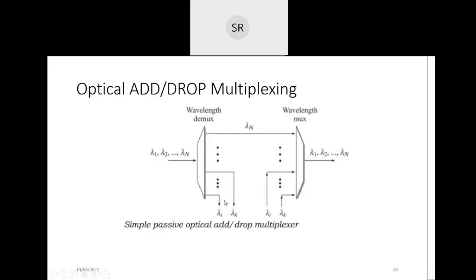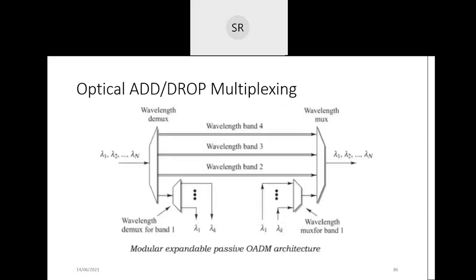In the given network, the adding and dropping is controlled by the network, and according to that, whichever specific wavelength is to be transmitted is transmitted through the network, and at some particular place we can again add that specific wavelength in the network. So that is about adding and dropping the wavelength.